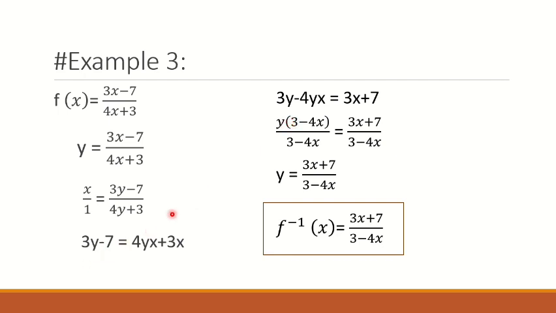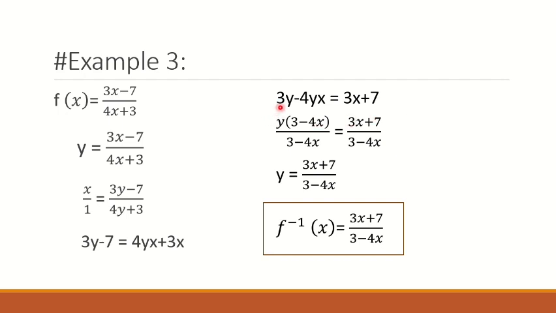The next step is you need to transpose negative 7 to the other side of the equation, and 4yx you need to transpose to the other side as well. So the result will be 3y minus 4yx equals 3x plus 7.